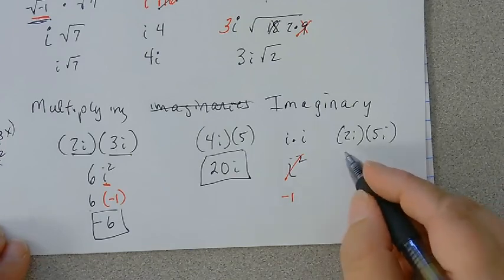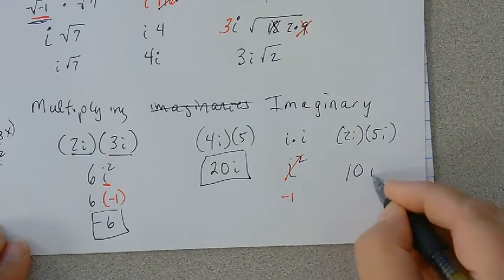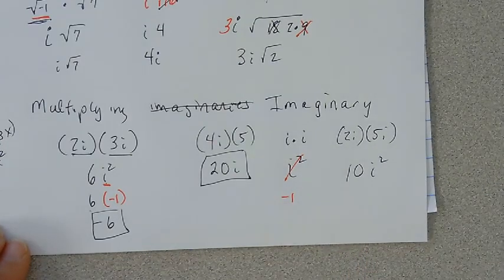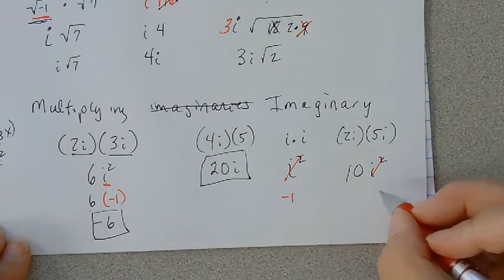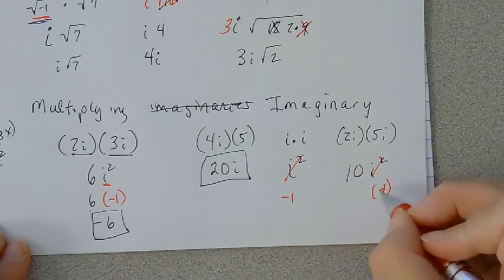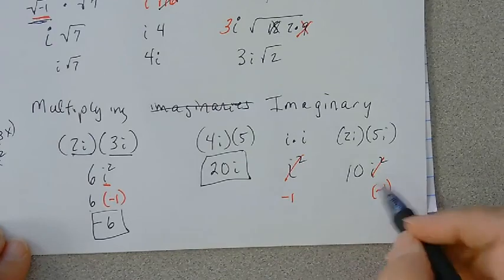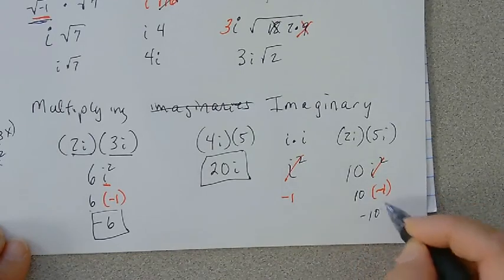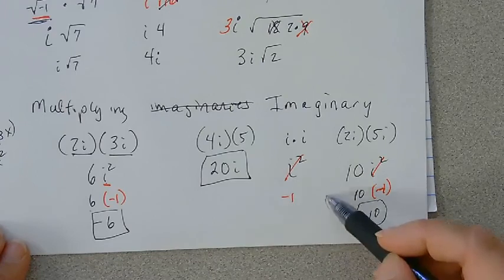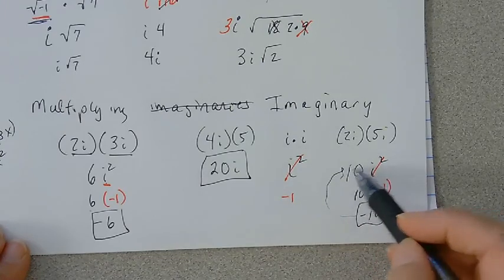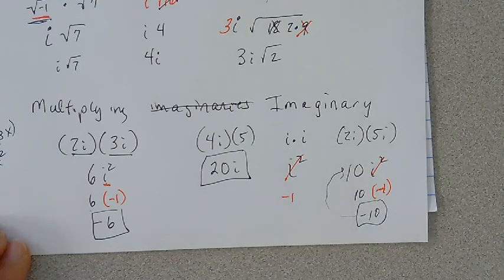So if you tried this one, 2i times 5i is 10i squared. And we know that when we have i squared, this becomes -1. So I have 10 times -1, which is -10. You might have already seen a shortcut. When you have i squared, it just changes the sign of the number that was there.